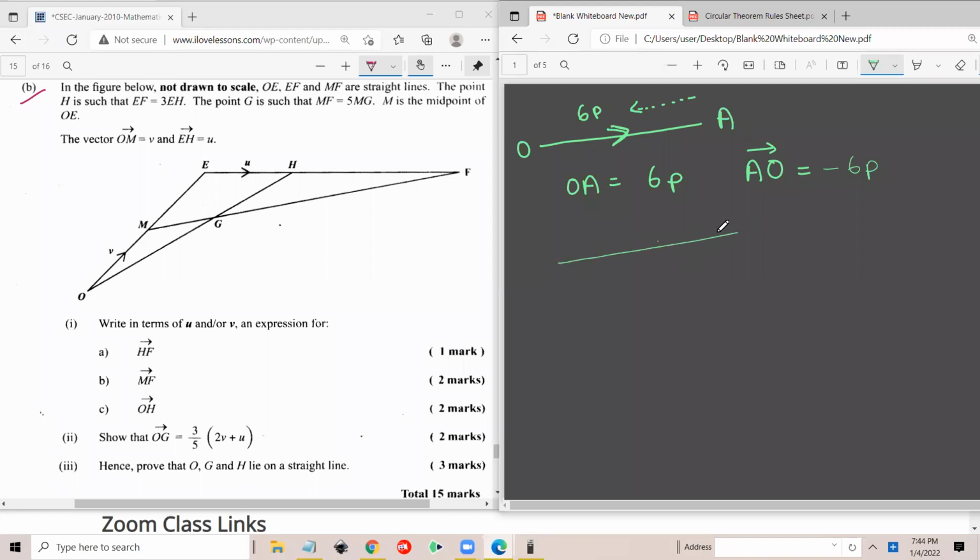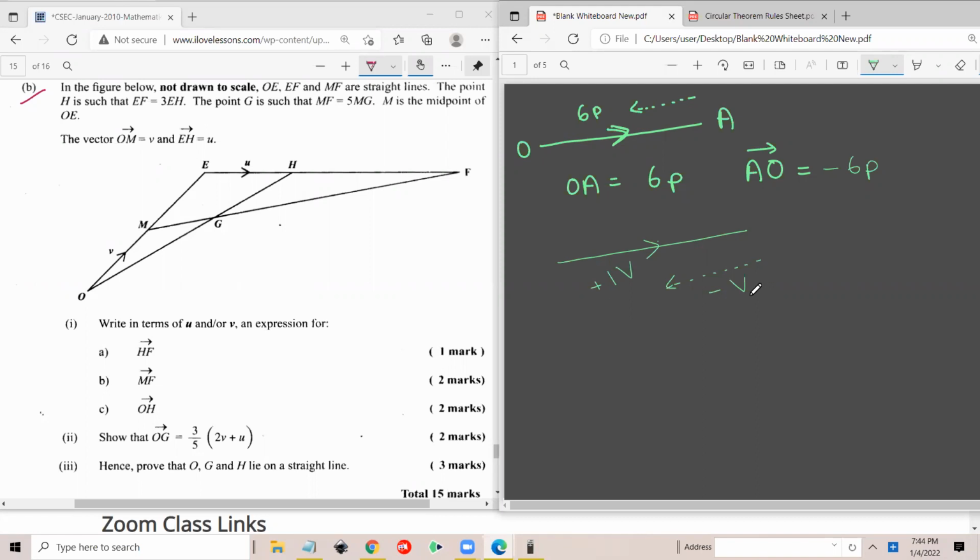Also, if I have the vector, in this case you're seeing the letter u and the letter v. If I tell you this way is positive v, then if we go the opposite way, it's minus v, obviously. Because this v is really one v and it's positive. It's just that the examiner never bothered to put in the number 1 and never bothered to put the positive sign. Those things are understood.